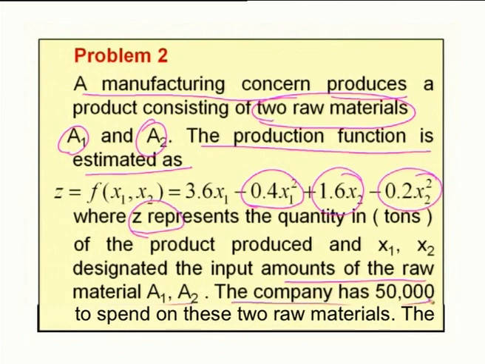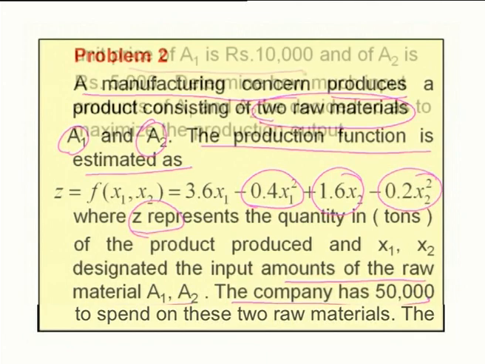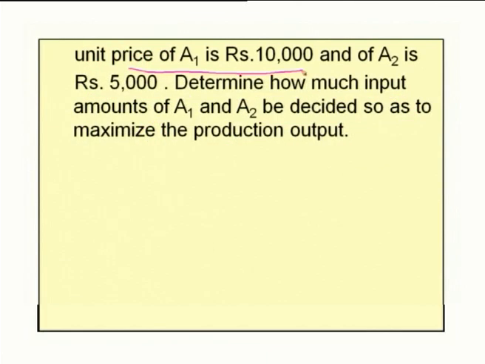The company has 50,000 to spend on these raw materials. The unit price of A1 is 10,000 and the unit price of A2 is 5,000. Now, the question is to determine how much input amounts of A1 and A2 should be decided so as to maximize the production.